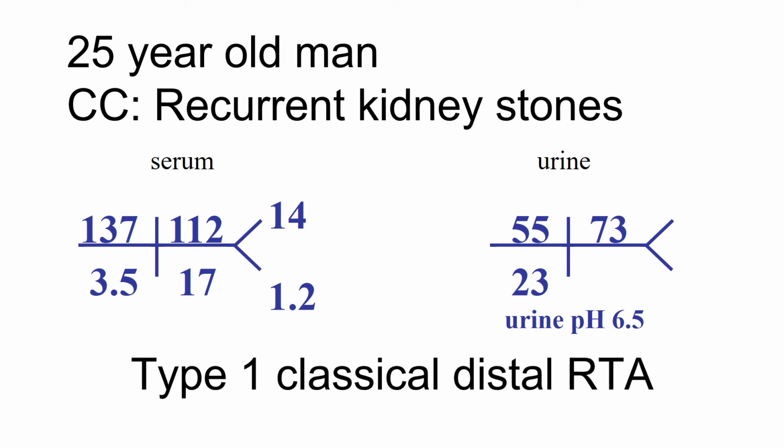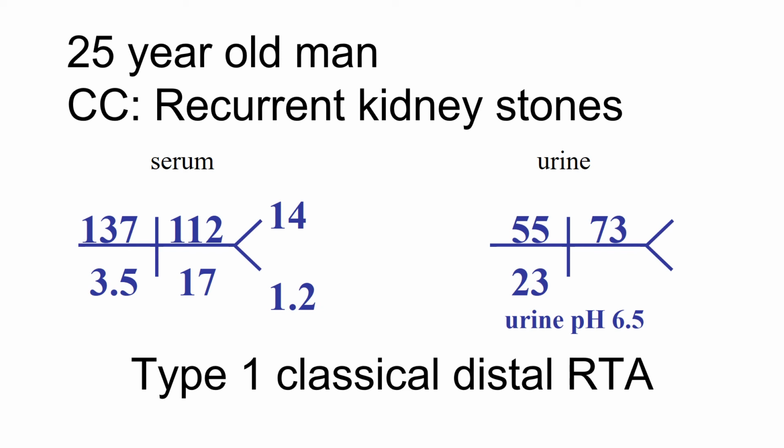Now, if you have a serum pH which confirms a low serum pH, or a patient with persistent acidemia, then this would be a type 1 classic distal RTA, because your sum of urine sodium plus potassium would be 55 plus 23, that's 83. 83 minus 73 would be a plus 10 urine anion gap.